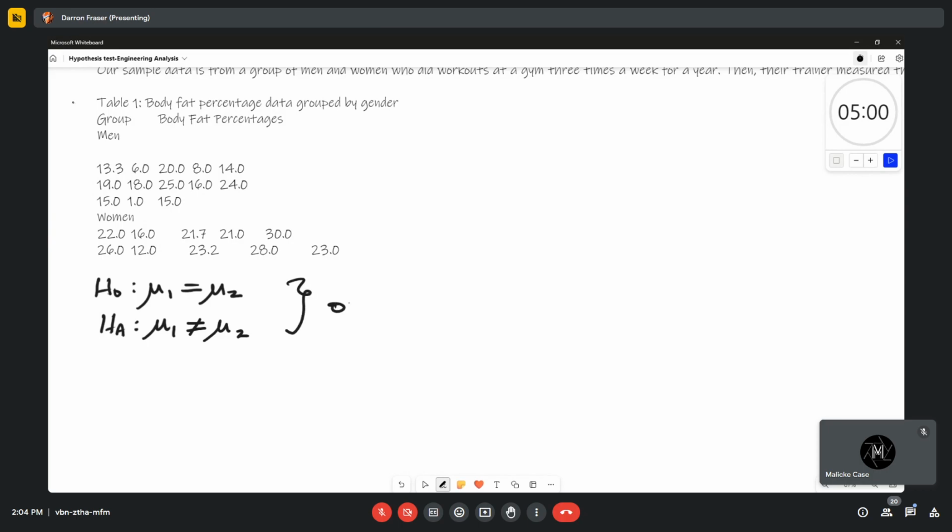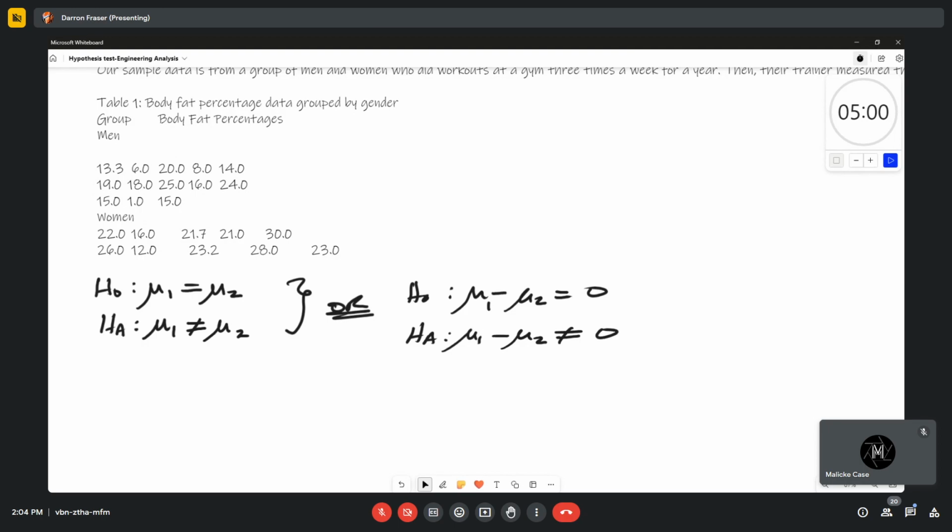The other way of writing this is HO, the difference of the means equals 0. And HA, the difference of the means is not equal to 0.